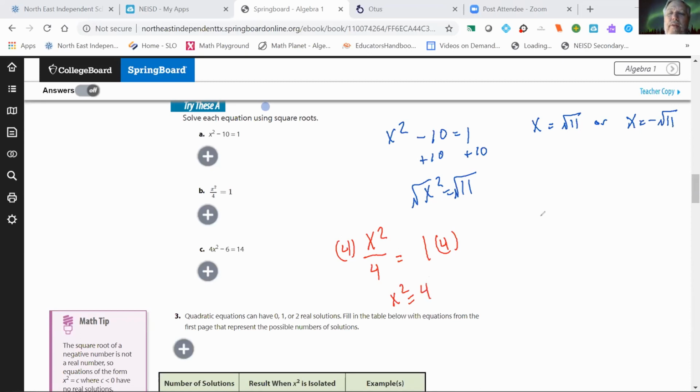Another way to think about this is to rewrite it as 1/4 x squared is equal to 1, and then you would multiply both sides by 4 over 1, the reciprocal. And 4 over 1, of course, is just 4. So we have x squared is equal to 4. We take the square root of both sides, and that's going to be x is equal to 2, or x is equal to negative 2.